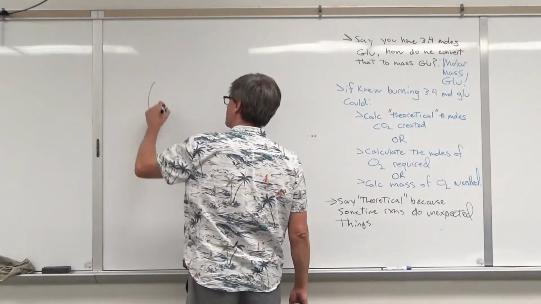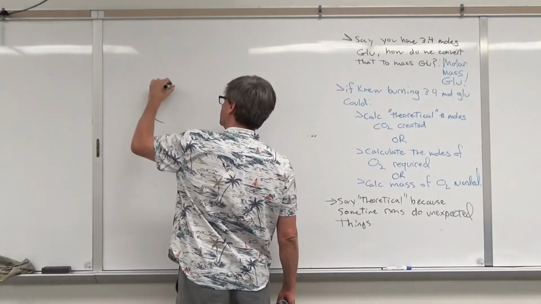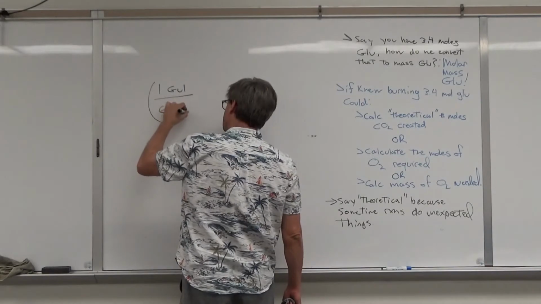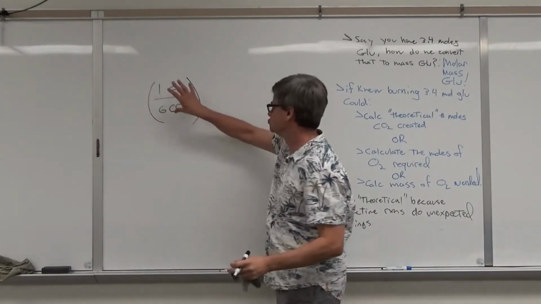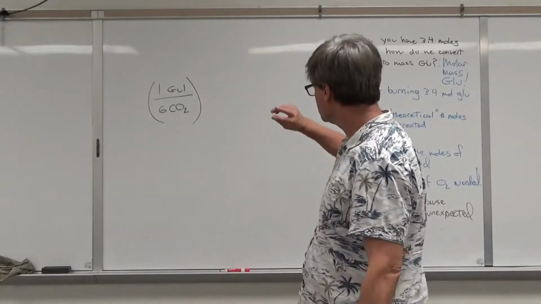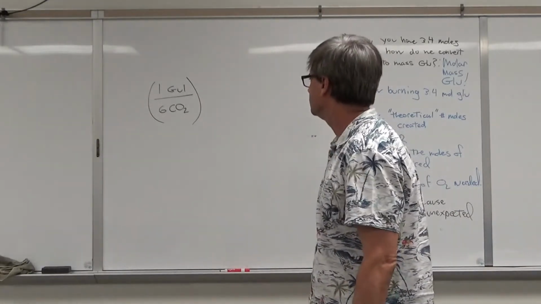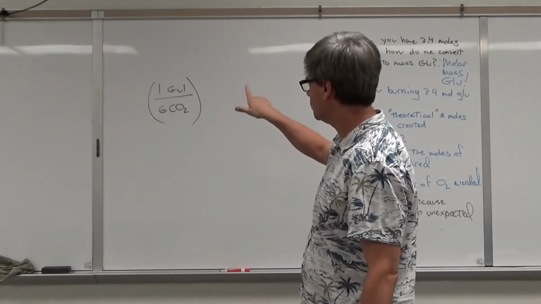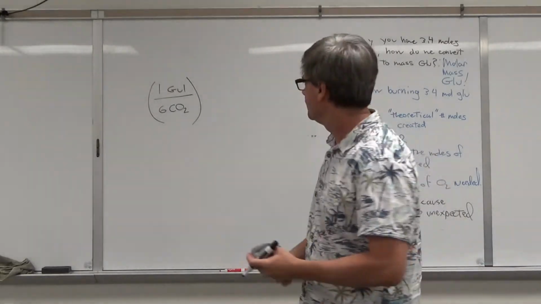We're going to be able to use that as a factor in dimensional analysis if we need to, or we could do the reverse. We could have 6 carbon dioxides over 1 glucose.